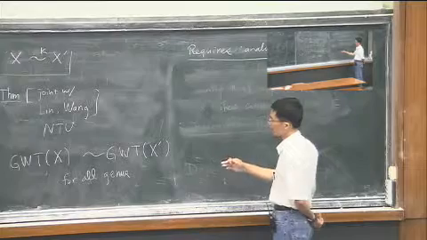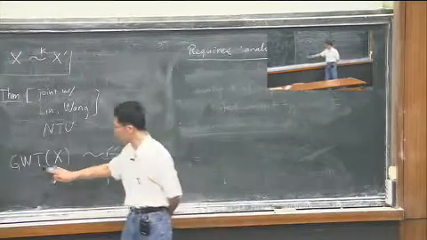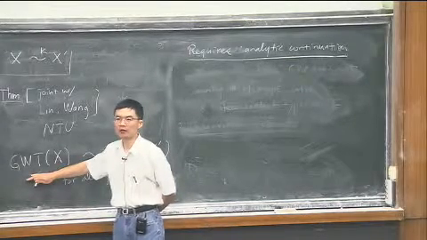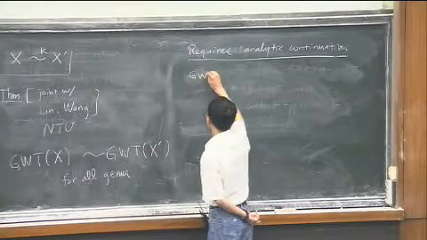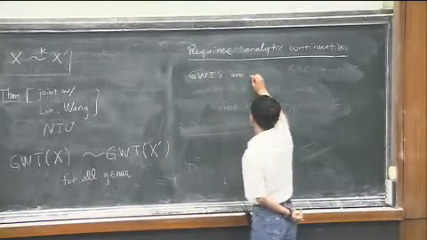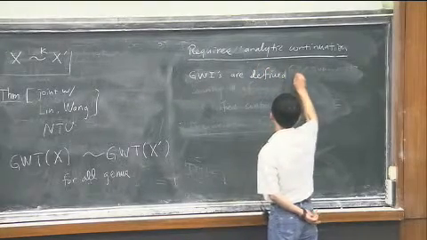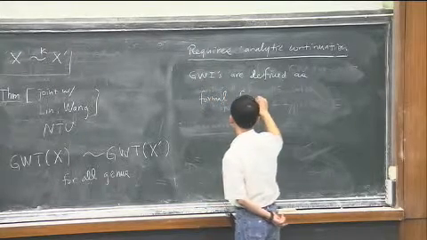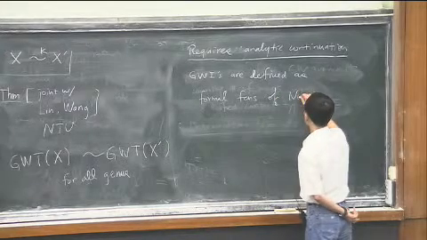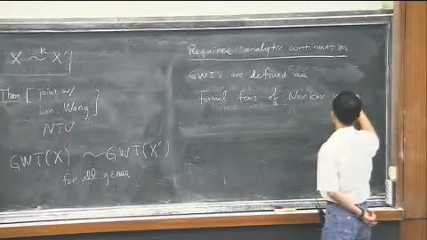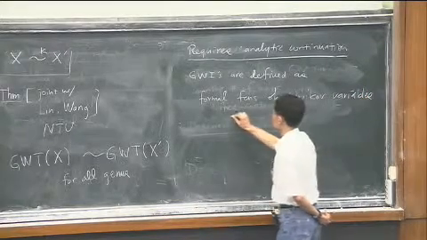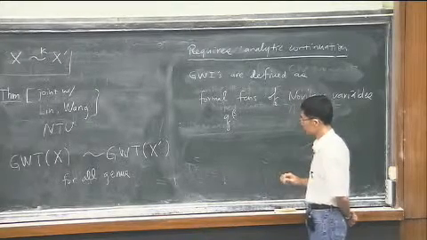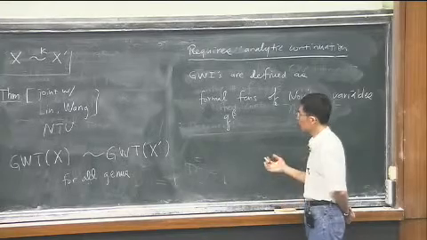What do I mean by analytic continuation? Remember how I define Gromov-Witten invariants. I define them as formal functions of Novikov variables Q beta. So it's just a formal function.